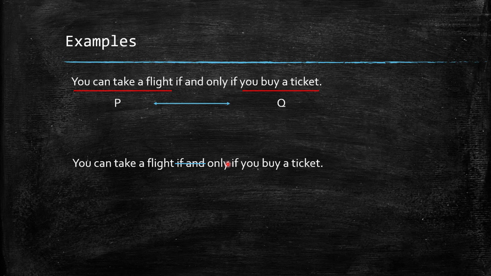But this is actually a biconditional statement, because you cannot take a flight unless you buy a ticket, right? So when we analyze a mathematical statement, or if you want to convert a statement used in our daily life to a mathematical statement, you need to assume something or explicitly state whether it is a biconditional statement or a conditional statement. That thing we have to remember over here.